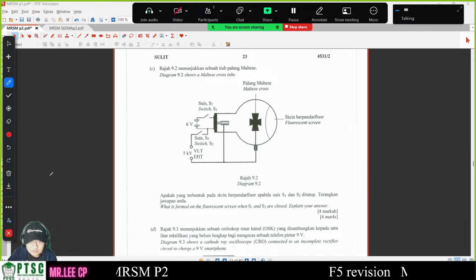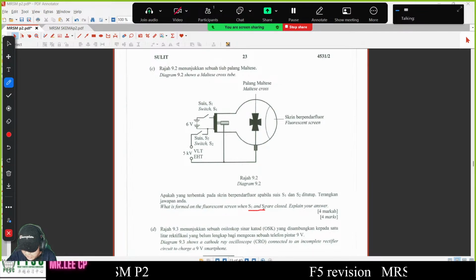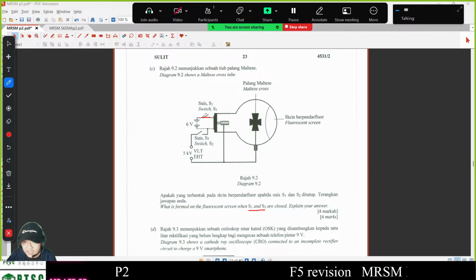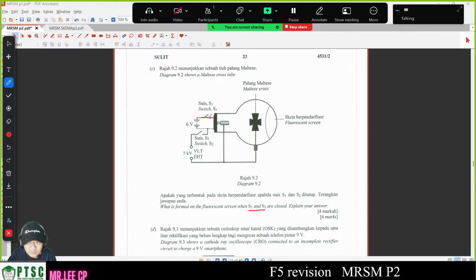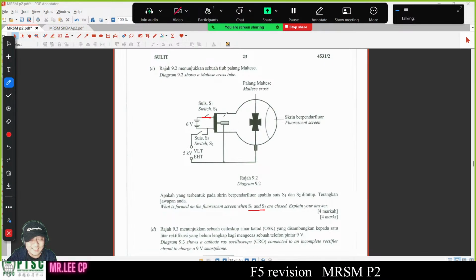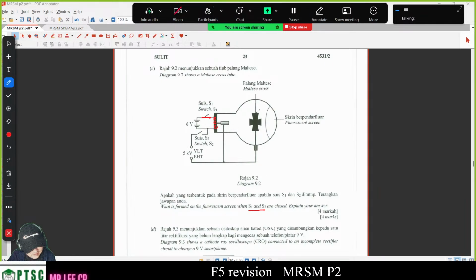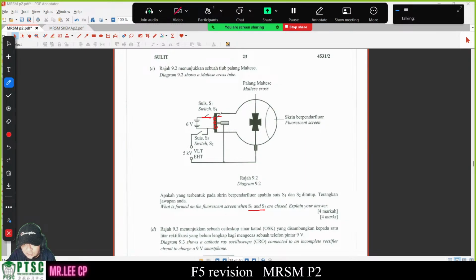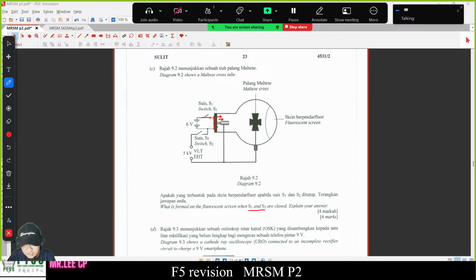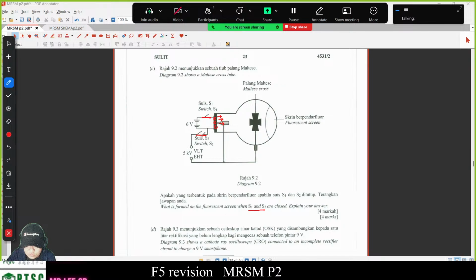So now they close both S1 and S2. Meaning this one is going to release electrons from here. When S1 is closed, electrons are released from the metal surface. So when S2 is closed, what happened?